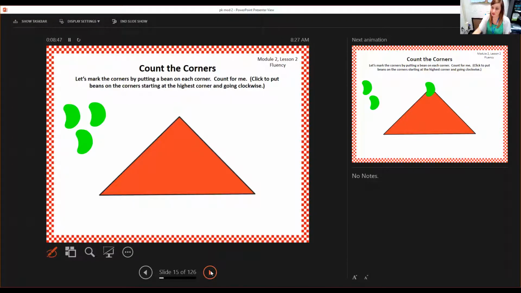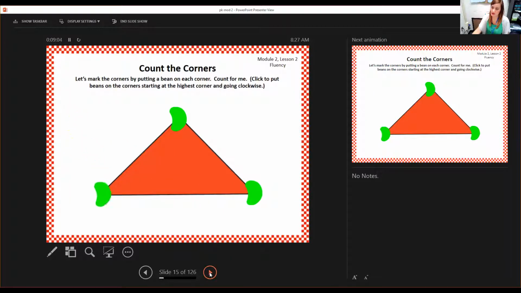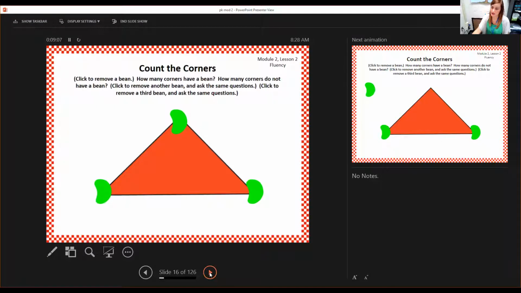All right, let's mark the corners by putting a bean on each corner. Count for me. 1, 2, 3. So how many corners have a bean right now? 1, 2, 3.